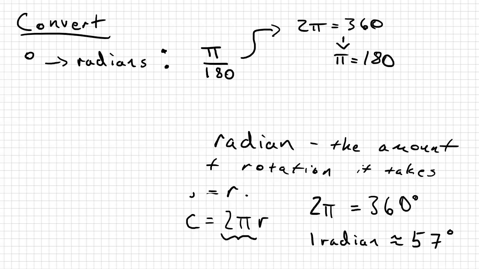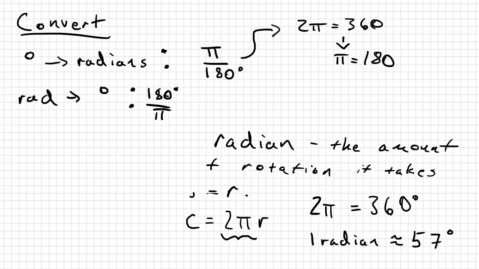And since we want to cancel out the degree measure, we put the degree measure on the bottom and the radian measure on top. When we go the reverse way, radians to degrees, we simply multiply by the reciprocal, 180 over pi.